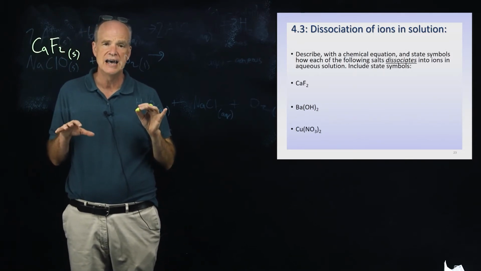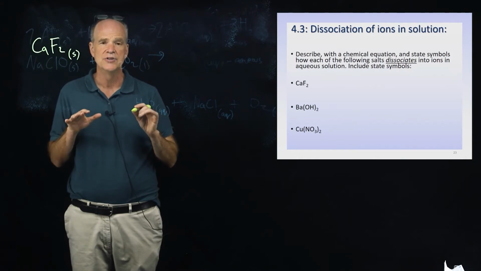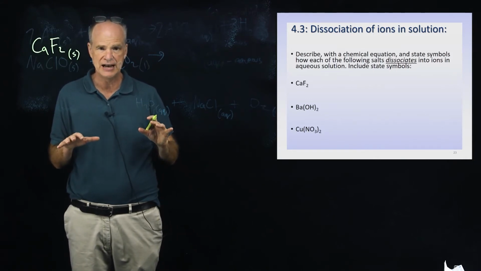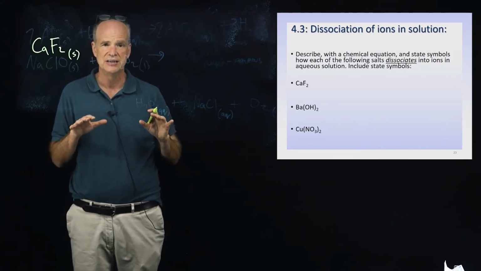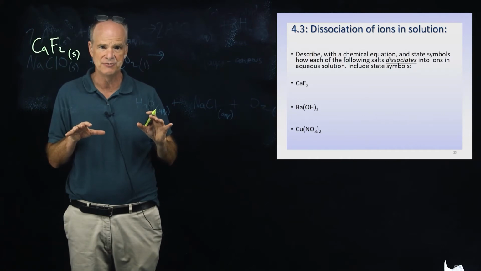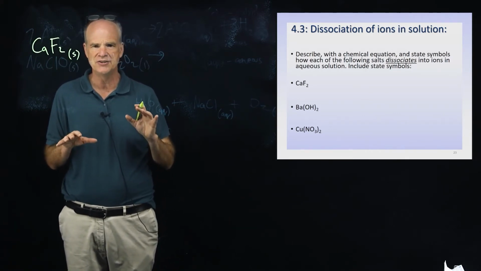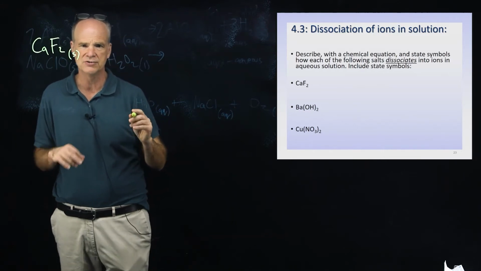Can you write a correct chemical equation to describe the separation of the calcium and the fluoride ions in water? So this would be an equation for the dissociation of calcium fluoride into calcium and fluoride ions. So the first thing I want to do is I'm going to make a slight mistake to make a point, but then I'll do it correctly.